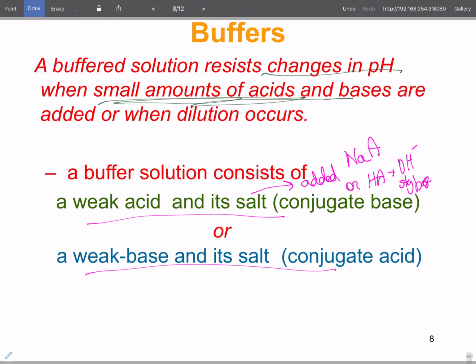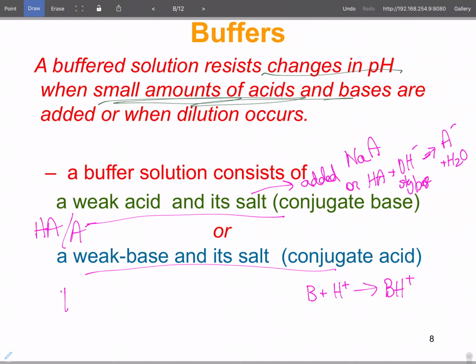the net effect is you create the A minus plus water, which has no effect. So in the case of a weak base, if you take the base and add a strong acid, then you get the BH plus. So the net effect is we need HA and A minus.